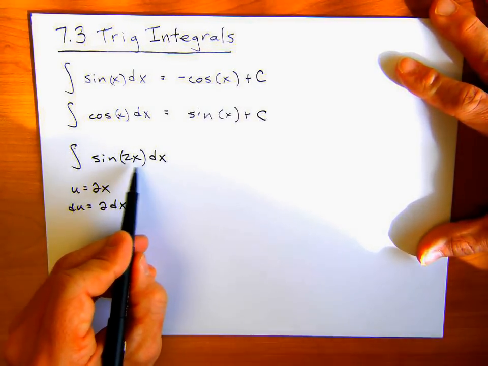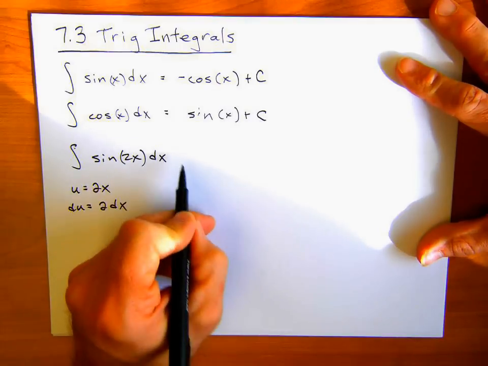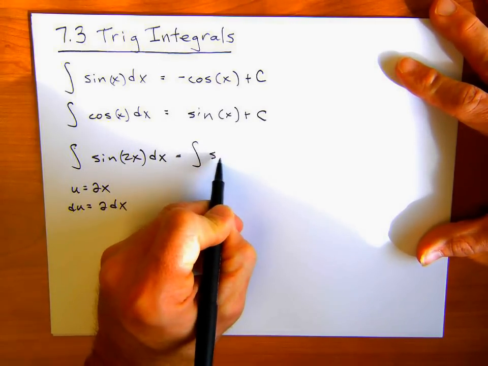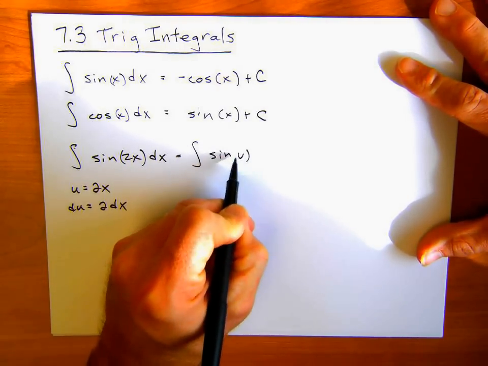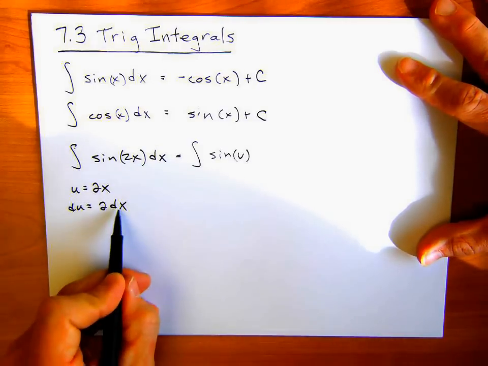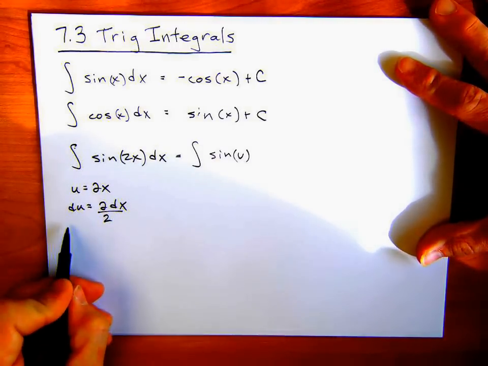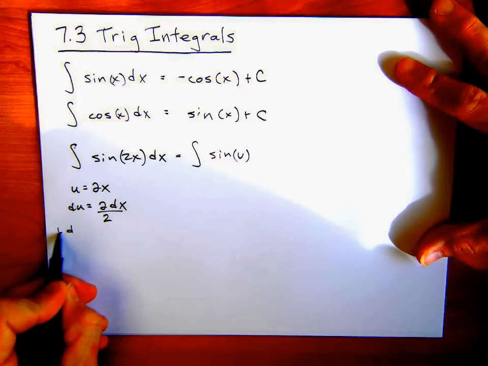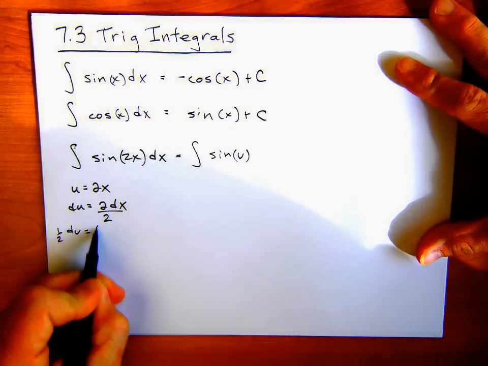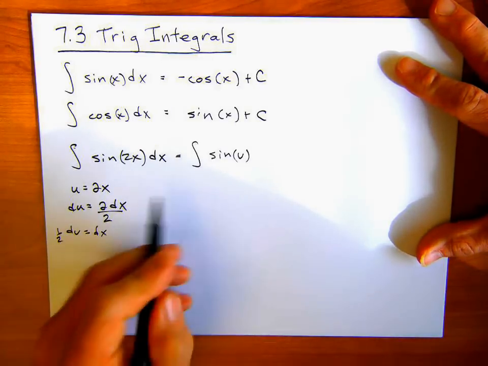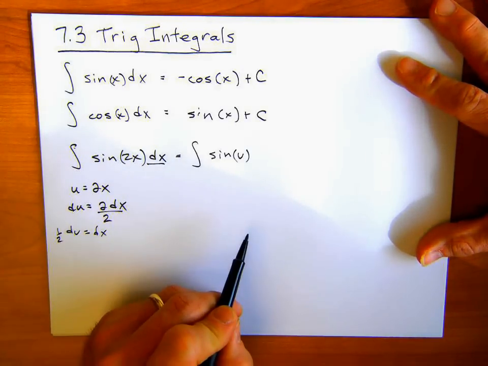So I've substituted here. I want to do sine of u, so what I have left to replace is a dx. So we divide by 2, and 1/2 du equals dx.